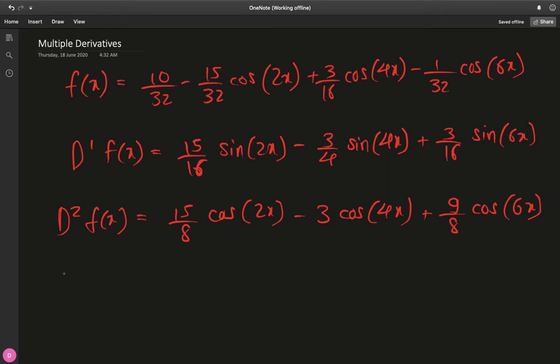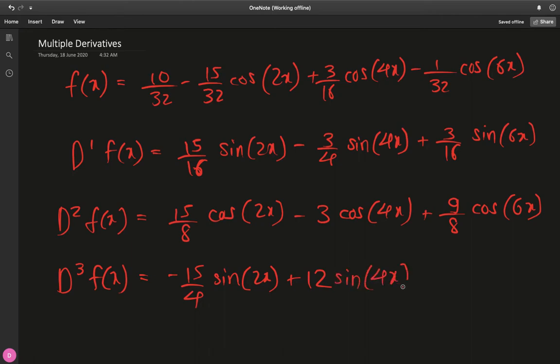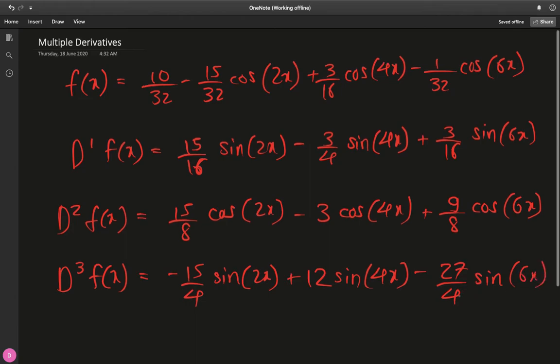Now it's time for the third derivative. This will be negative 15 over 4 times sine of 2x plus 12, because of the 4 now, times sine of 4x minus 27 over 4 times the sine of 6x.